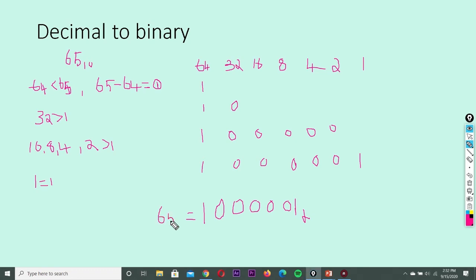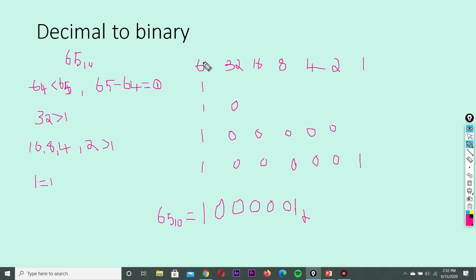So this is the sum of powers of 2 method for finding decimal to binary. First write all the powers of 2, up to the maximum power, which should be lesser than or equal to the given number.